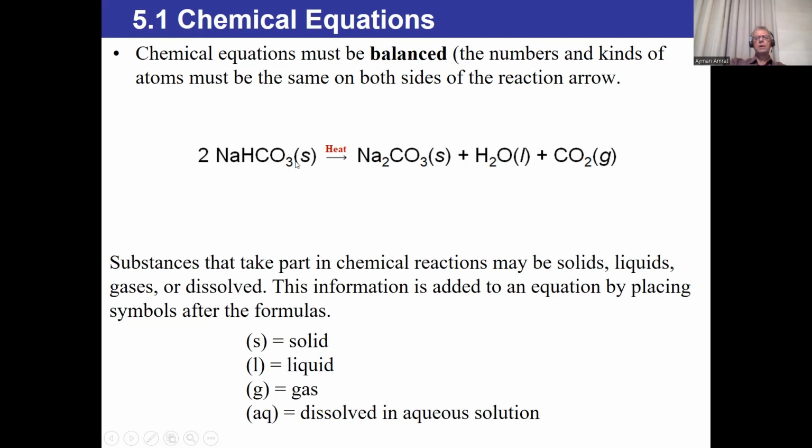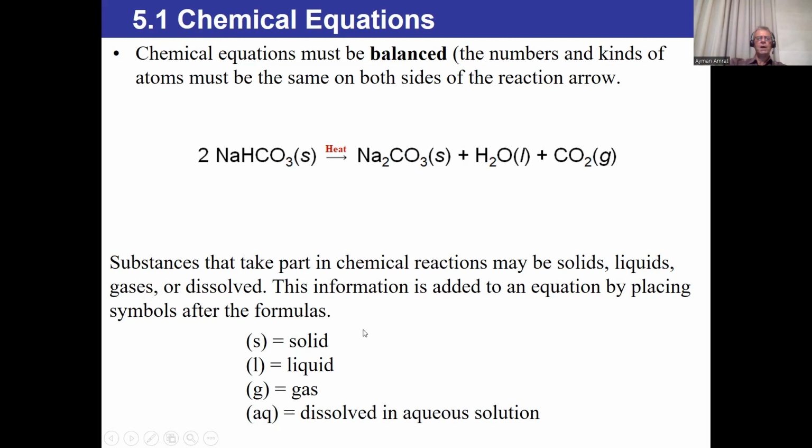Also, the equation should indicate the state of matter of these substances. S means solid, L liquid, G gas, AQ aqueous, dissolved in aqueous solution.